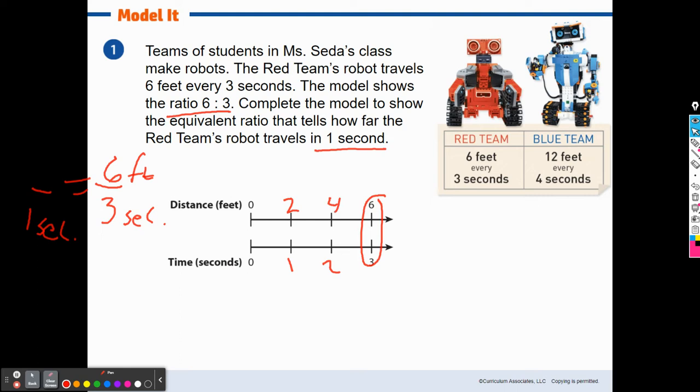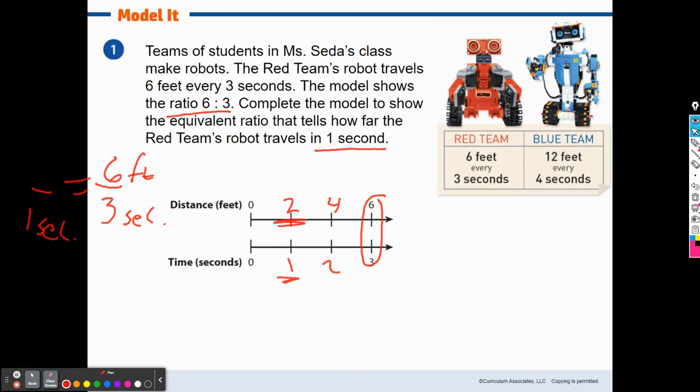Now, I get why the curriculum does this, because once you've found that, then you say, okay, when my seconds are 1, then my distance is 2. 2 feet for every 1 second. There's your answer.